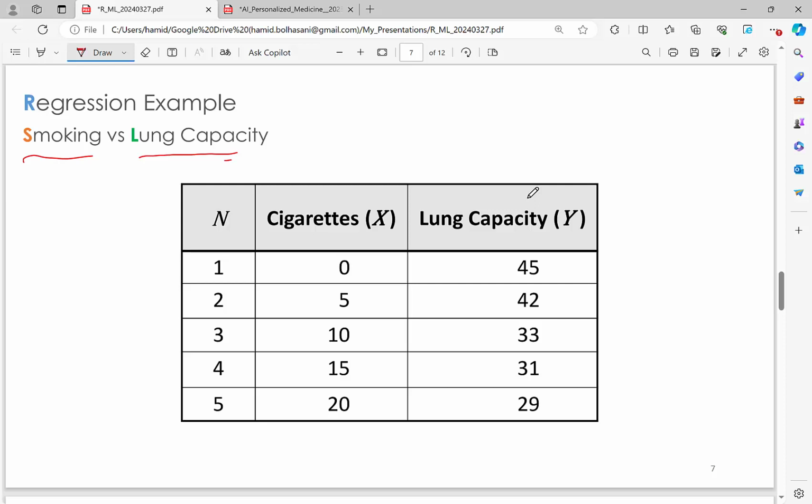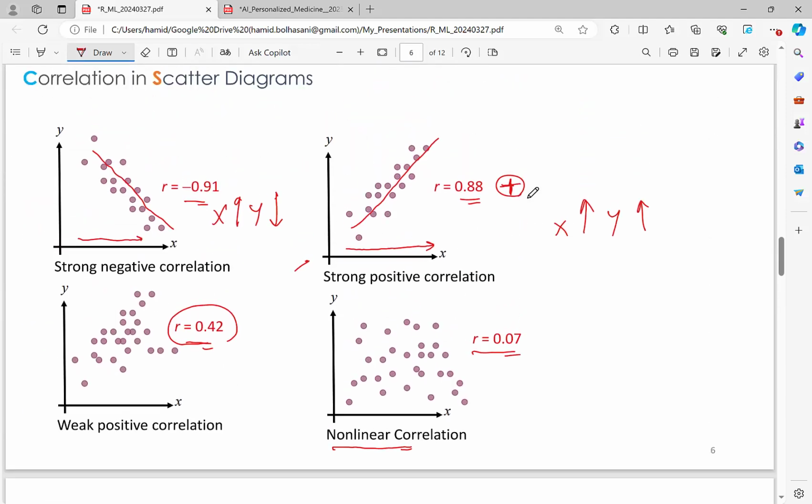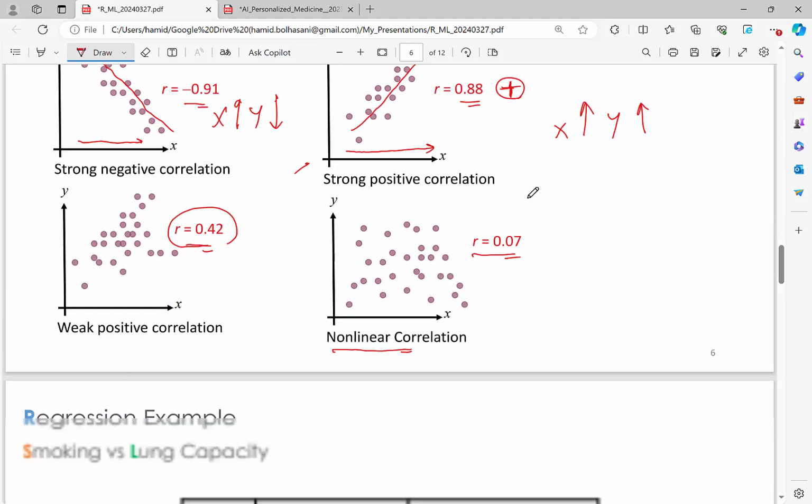We can see these are the cigarettes, and as the number of cigarettes becomes higher, the lung capacity becomes less. So we can find easily that they have a negative correlation.